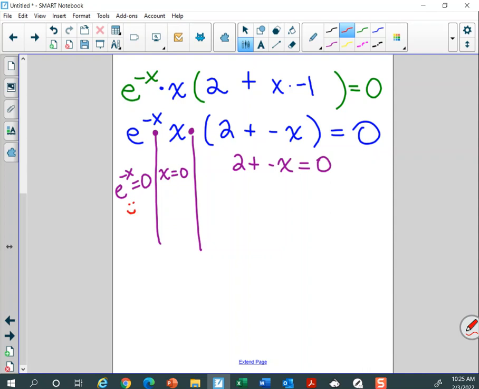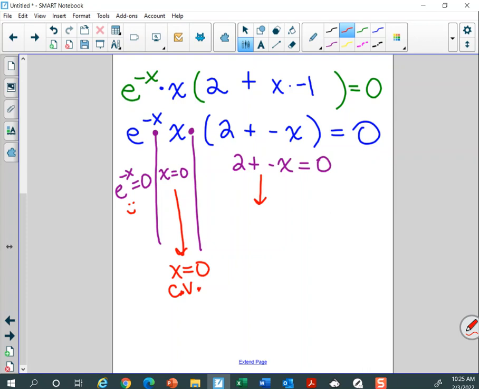This is the one that you're probably thinking, nope, don't know how I'm going to do that. But what I'm about to tell you will help you make it a lot easier. This one, though, before we do that, if x is 0, x is 0. Okay, x equals 0 is a critical value. Hooray.